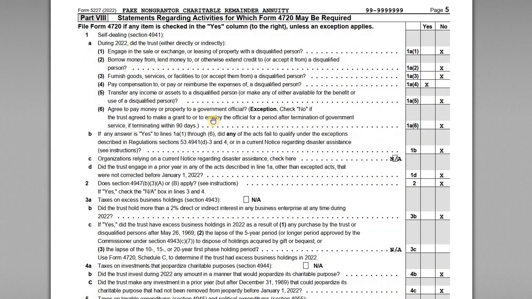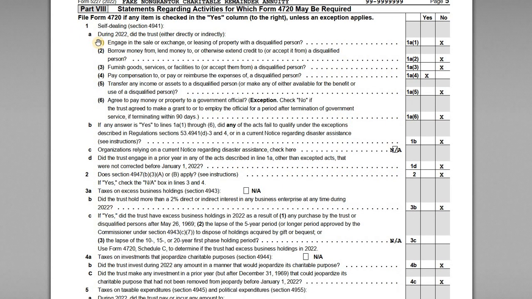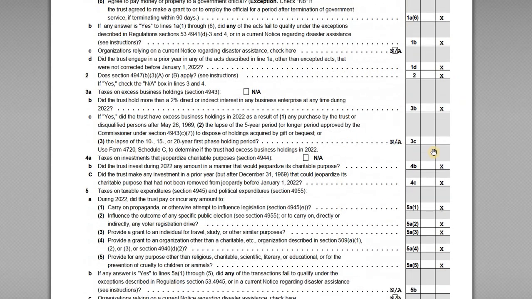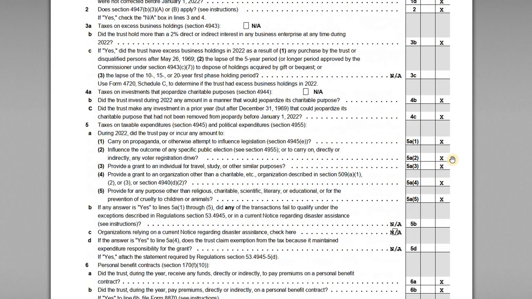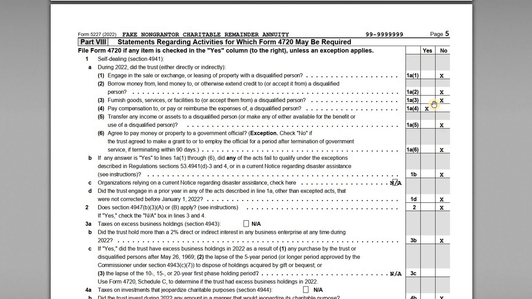So Part 8, right? This is the 4720 issue. So the very first section is self-dealing. For most trusts, as long as you behave and follow the rules, all of these are going to be blank or NA, right? Not applicable to you. The one time where it's often the case that you have a yes answer is with respect to 1A4, right?